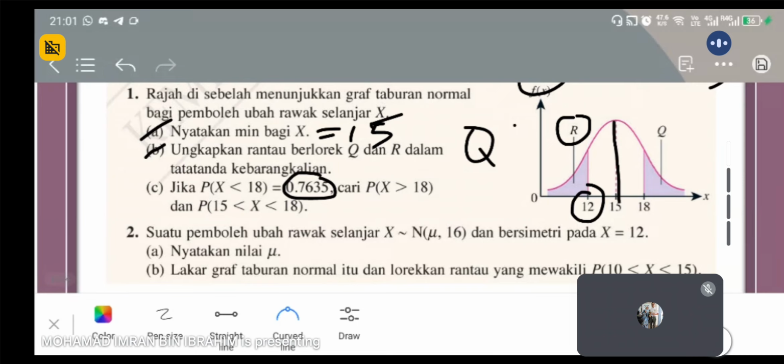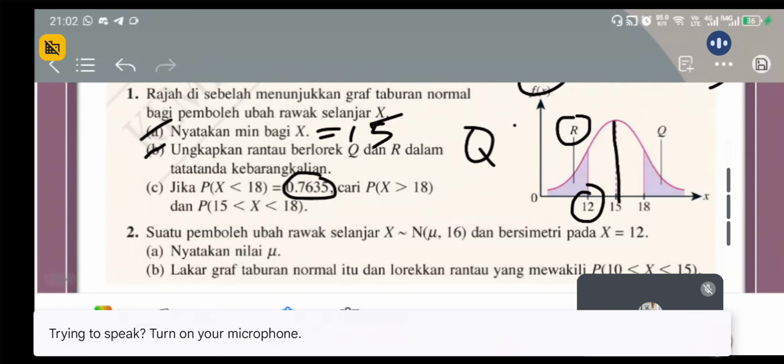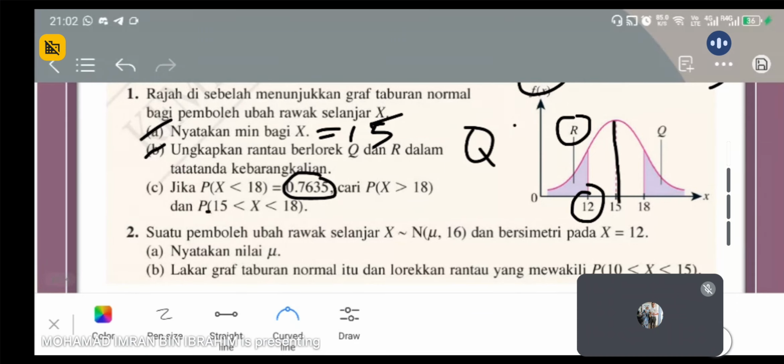So you can understand, they already give you the Q, the shaded region. So in order to find it, they also ask for this one, right? So there are two questions right here actually.